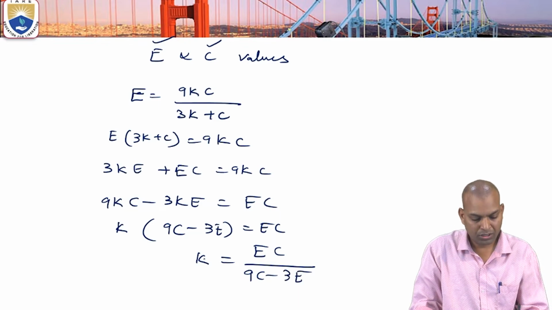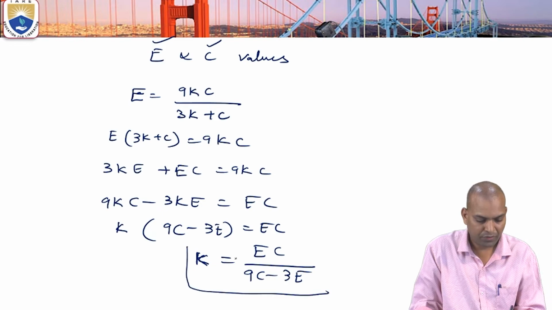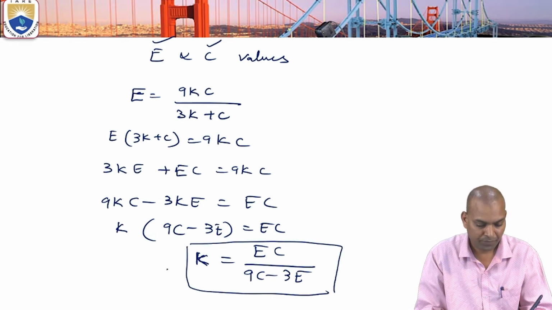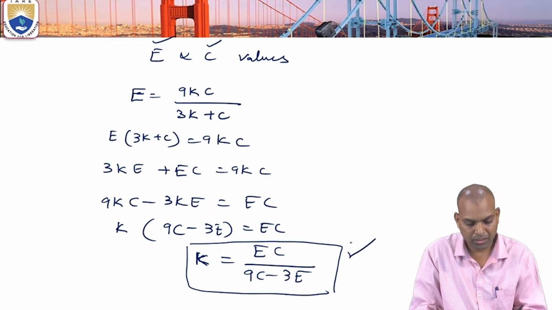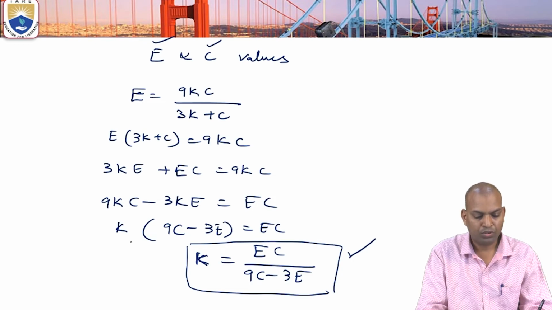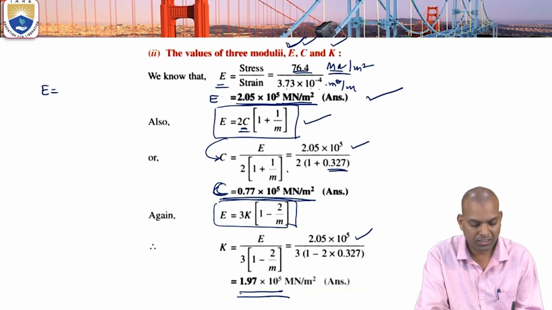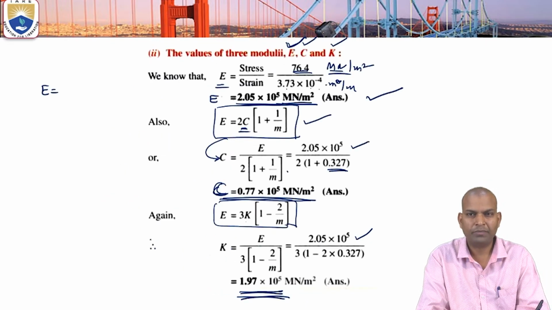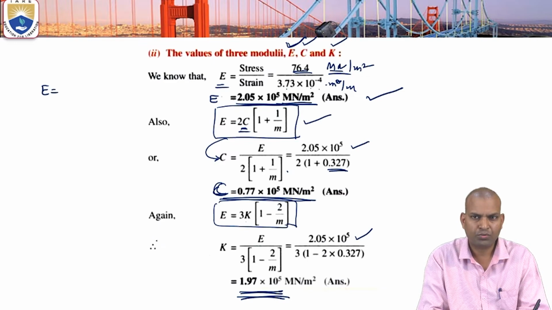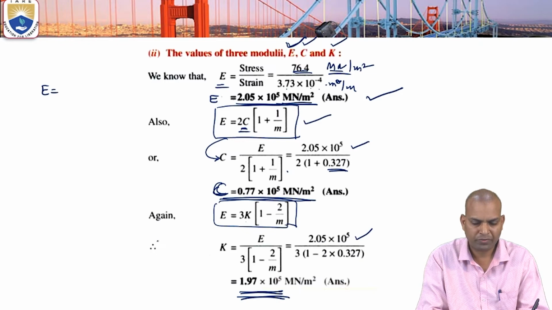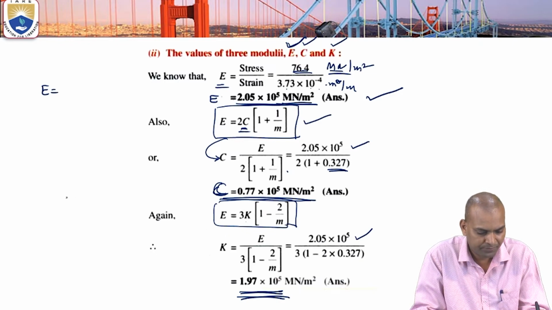So the bulk modulus can be calculated if you substitute the known values of modulus of elasticity and modulus of rigidity in this formula. The value comes the same as calculated here with the formula K equal to E by 3 times 1 minus 2 by m, that is 1.7 into 10 power 5 meganewton per square meter. This is one method.